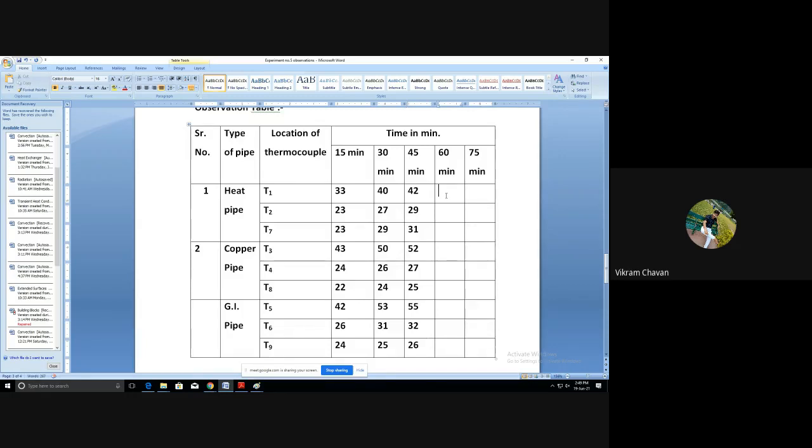Further, the fourth reading, we will consider this as the last reading.